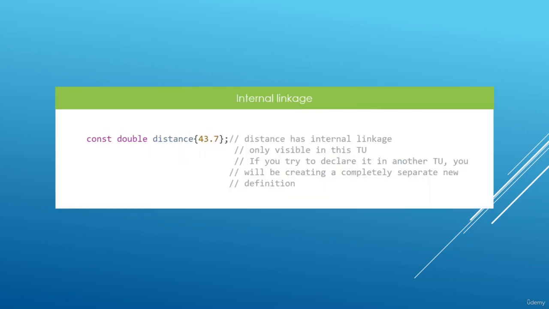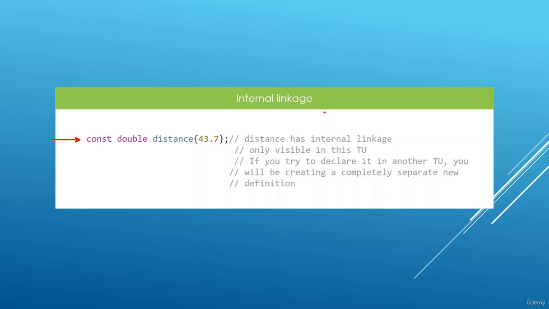If we look at another example here, we have a variable, for example, it is declared in some file. This is a constant variable, and by default in your C++ program, const variables are going to have internal linkage. What we mean by that is that they can only be accessed or used in the translation unit where they were declared and defined. If you try and set up another variable of the same name in another translation unit, you're not going to be picking up the name of this variable here.